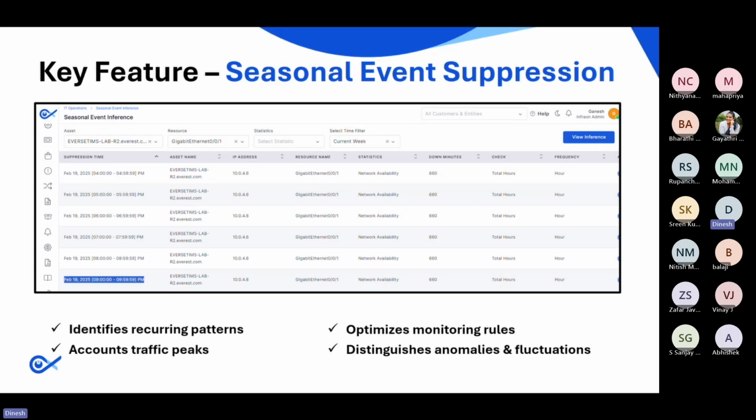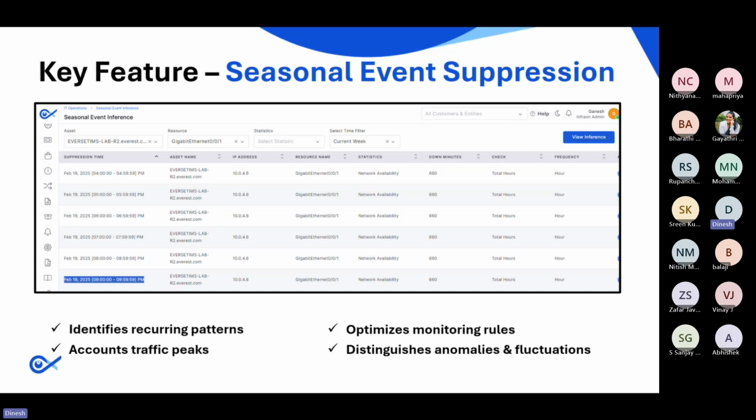In most common environments, not all alerts are problems. Many are repetitive and expected. For example, every day at 10 a.m. you might see the CPU spike due to scheduled jobs. Traditional monitoring treats this as an issue every time. But AIOps learns this pattern and understands that this is normal behavior.